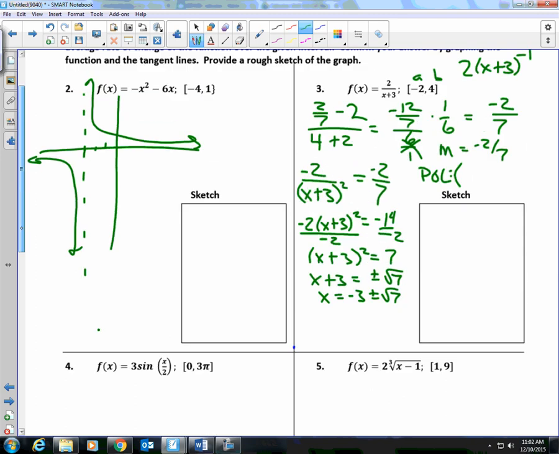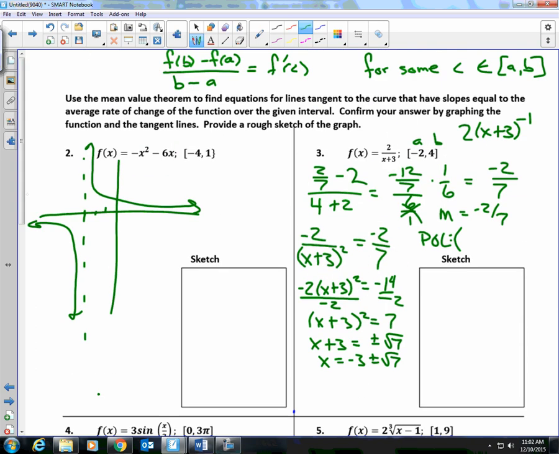That's what the mean value theorem says. Take the slope, set it equal to the derivative in order that we would find c, the point at which the instantaneous rate of change is the same as the average rate of change.